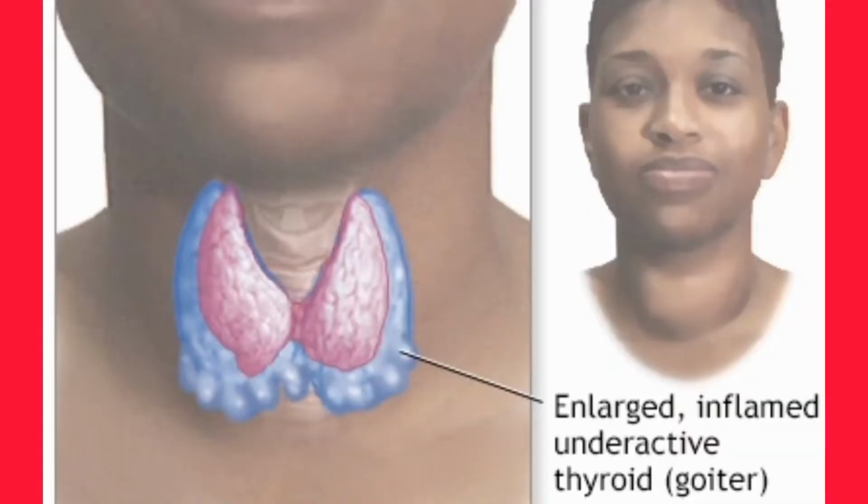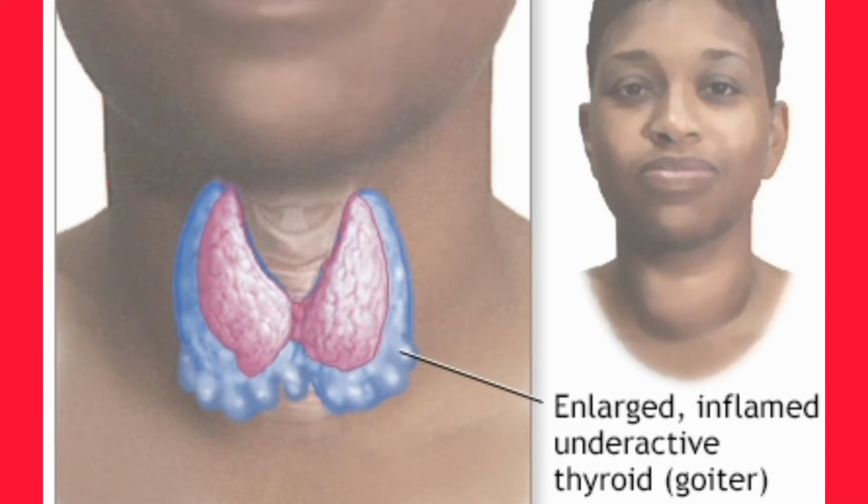So how do people appear if they don't have this iodine? The person appears with goiter around the location of the thyroid gland, the swelling.